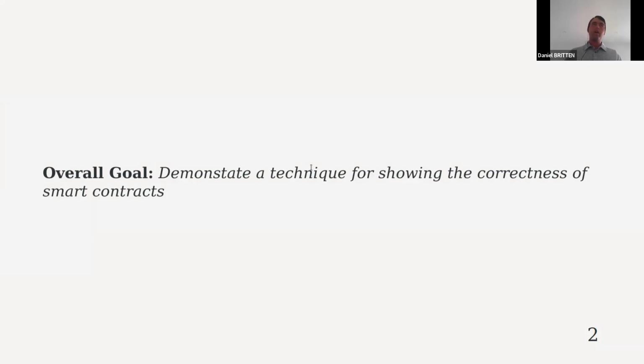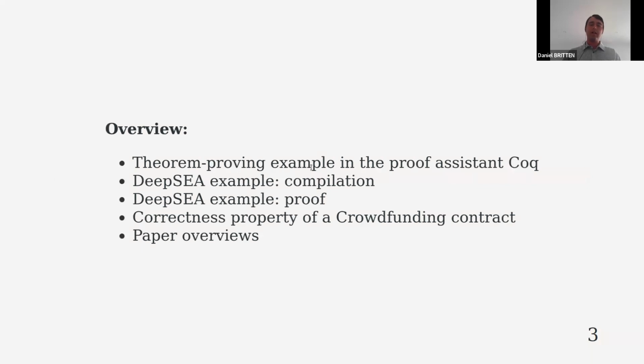So this is an overview of my talk. First, I'll discuss an example of proving something unrelated to the blockchain in the proof assistant Coq. Then I'll discuss a DeepSEA example. DeepSEA stands for Deep Simulation of Executable Abstractions, and this involves compiling a source language into the target language and then doing a process called refinement down to the Ethereum virtual machine bytecode.